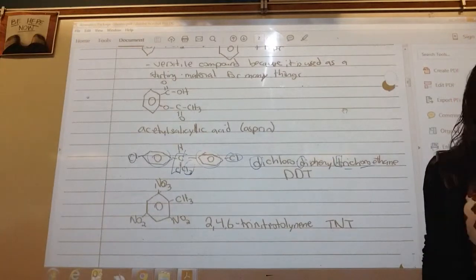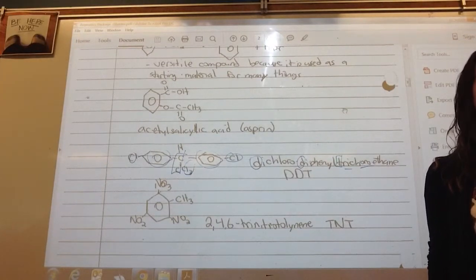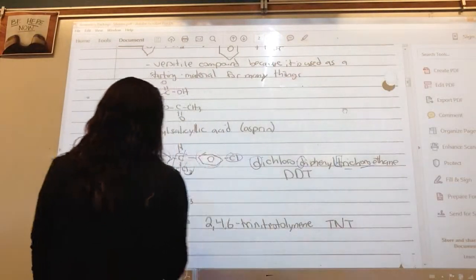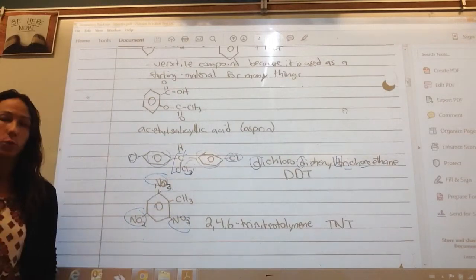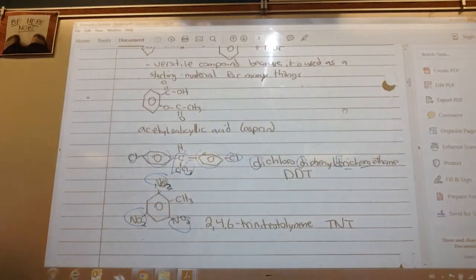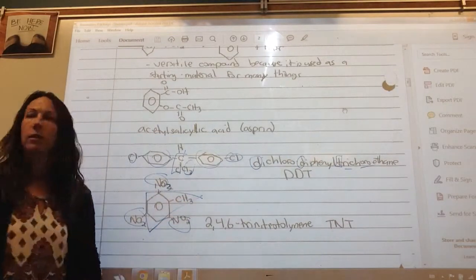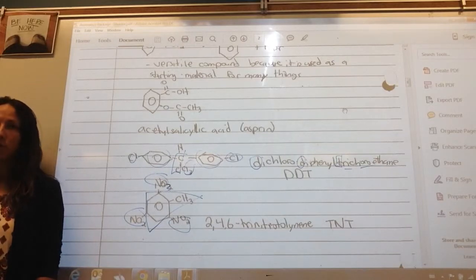Same thing with TNT. Who's heard of TNT? What is it? It's an explosive. What does the TNT stand for? Well, trinitro. By the way, these should all be twos. Trinitrotoluene. Remember how methylbenzene is toluene?